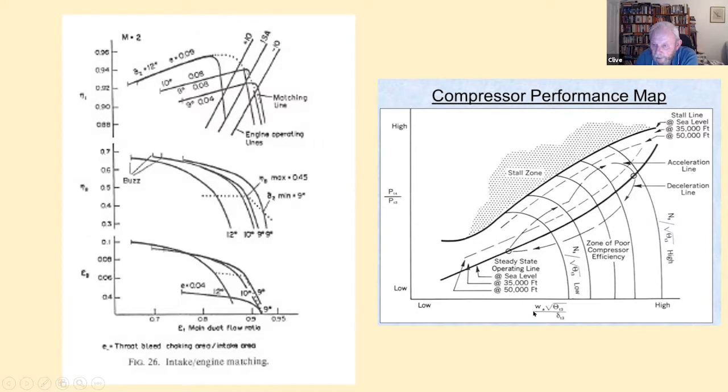If you were to take that number for the engine area and divide that by the number for the intake area, you'd get this mass flow ratio epsilon. So that point, if you like, corresponds to one particular value of epsilon.